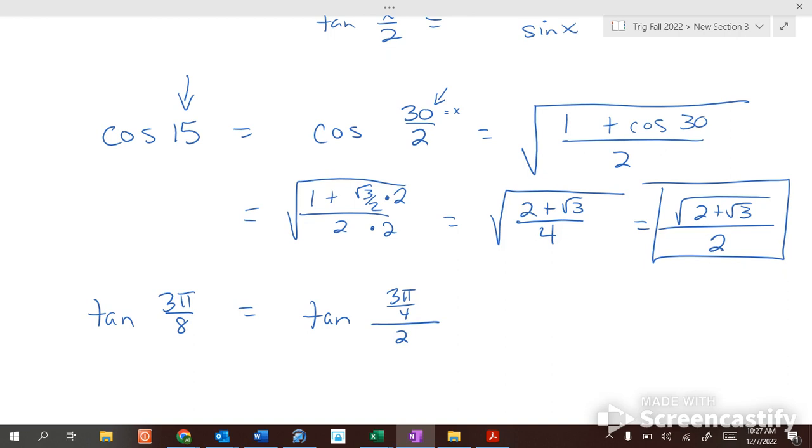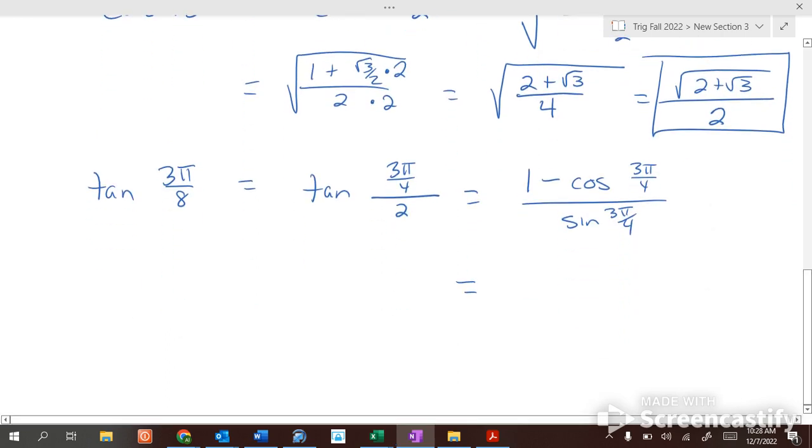You just take this one, make it twice as big, and divide it by 2. Because the tangent of 3 pi over 4 is on your unit circle. Okay, so which one should you use, you ask? I always like to use the last one when it comes to tangents. The last one is 1 minus the cosine of x, which is 3 pi over 4, over the sine of x, which is 3 pi over 4.